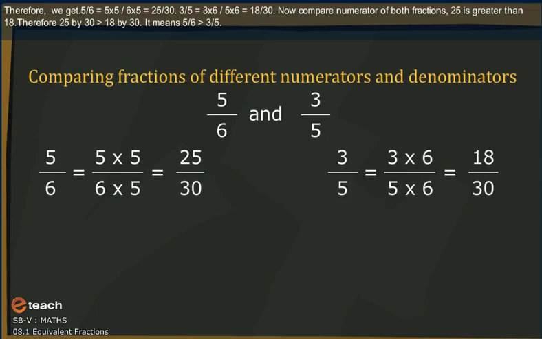Now compare the numerators of both fractions. 25 is greater than 18. Therefore, 25 by 30 is greater than 18 by 30. It means 5 by 6 is greater than 3 by 5.